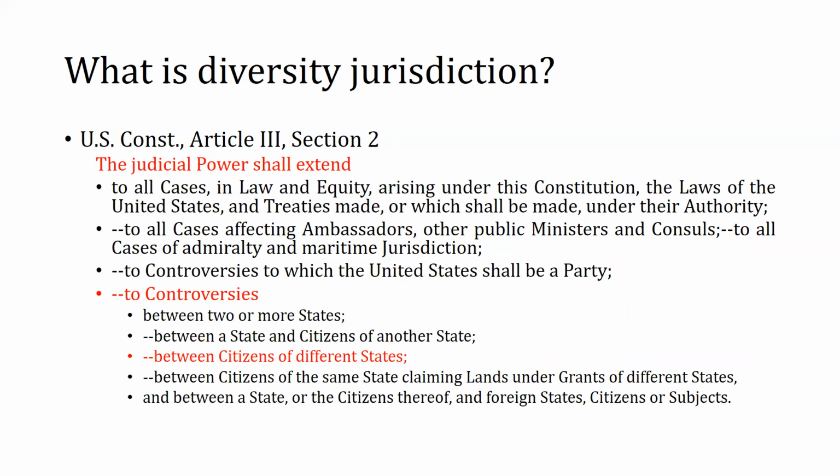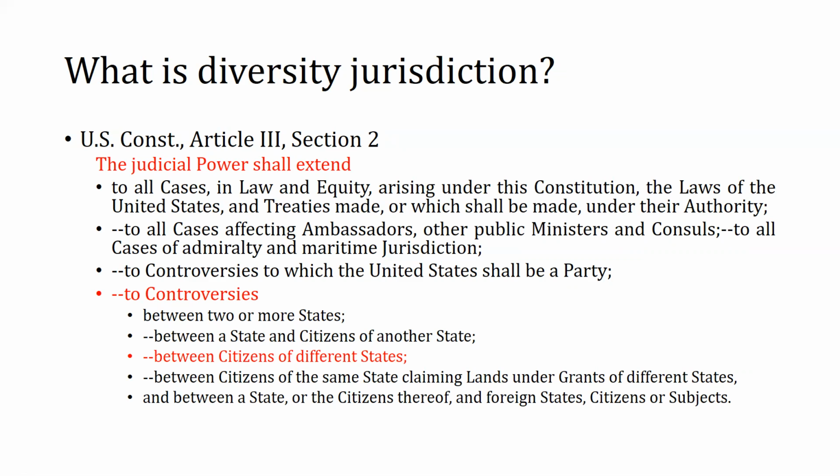That's one set of cases to which the judicial power shall extend. Another set of cases that are within the judicial power are cases that affect ambassadors or other public ministers and consuls. And yet another is to cases of admiralty and maritime jurisdiction.